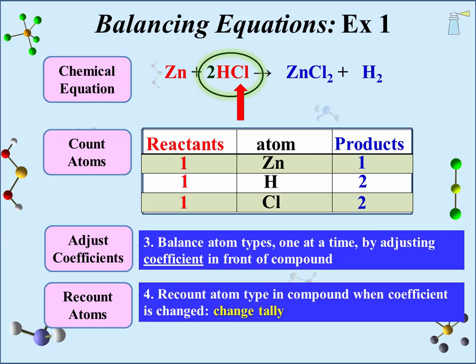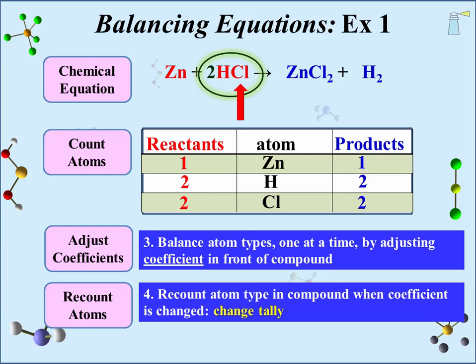Both counts of the hydrogen and chlorine on the reactant side need to be adjusted. Starting with the hydrogen, multiplying the coefficient of 2 by the implied subscript of 1 gives 2 hydrogens in the reactant tally. Same math is done with chlorine, giving it also a 2 in the reactant tally.